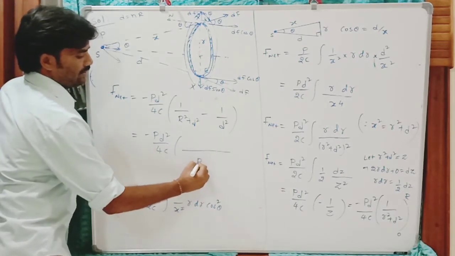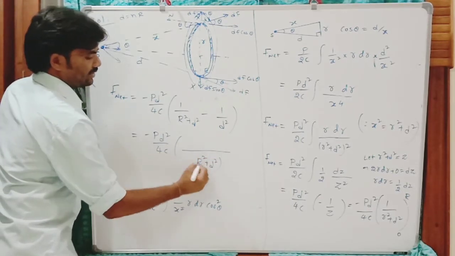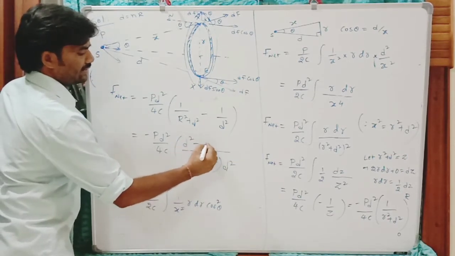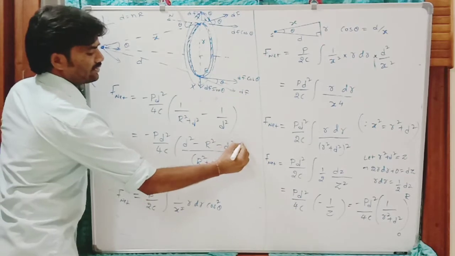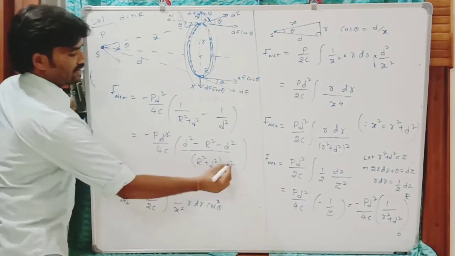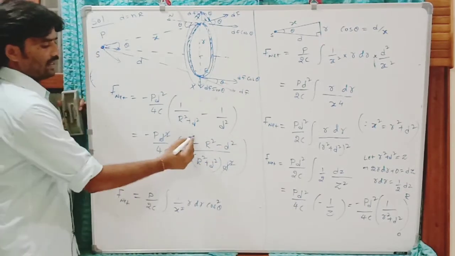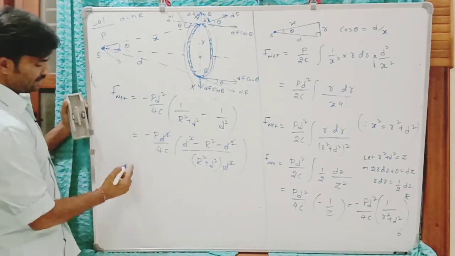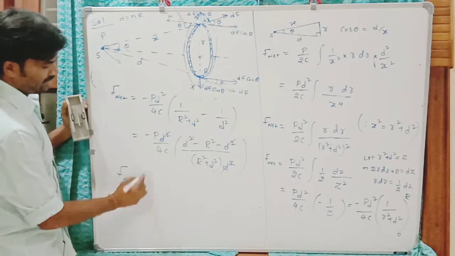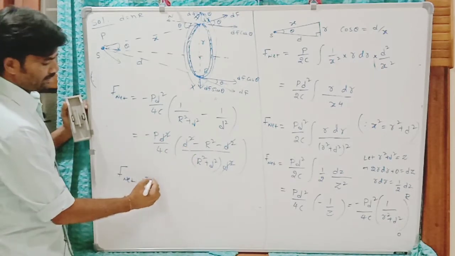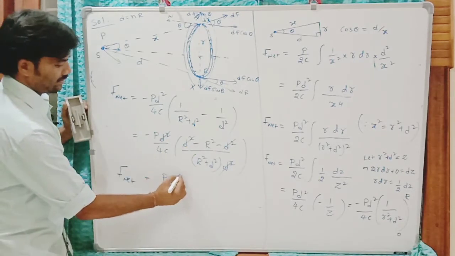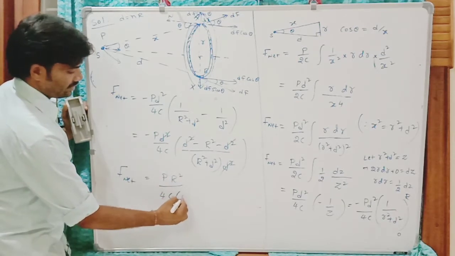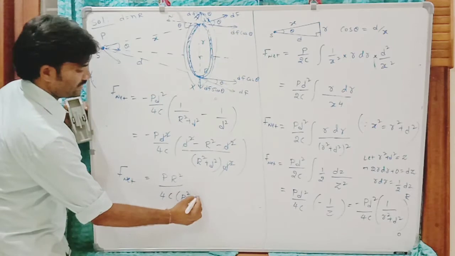The LCM is r square plus d square into d square. Here you will have d square minus r square minus d square. This d square cancels, and this cancels, and the remaining terms are minus of minus plus, P r square by 4c, r square plus d square.